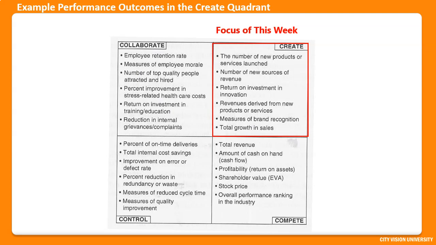Now, if you are focused on the Create Quadrant, the type of performance outcomes that you're going to be considering are things like the number of new products or services launched, the number of new sources of revenue, return on investment of innovation, revenues derived from new products or services, measures of brand recognition, and total growth in sales.